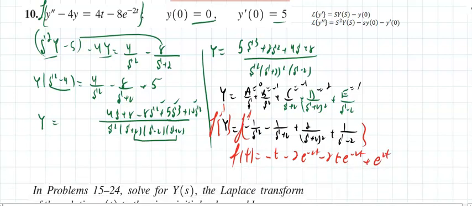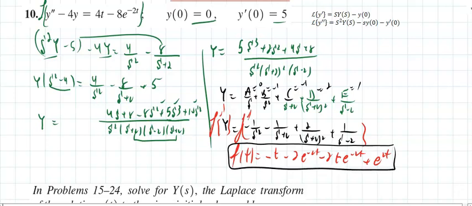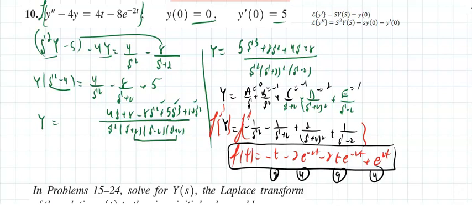And if I do the labeling properly, which I have to do, this is by 2, this is by 4, this is by 9, and this is by 4. And there it is. That's pretty much it.